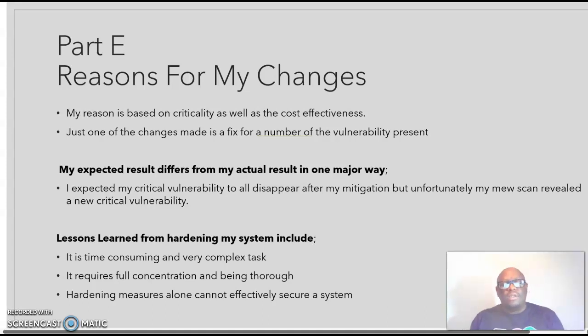And also that hardening measures alone cannot be effective in securing all the vulnerabilities. You have to combine hardening with other tools and techniques to achieve a better result.